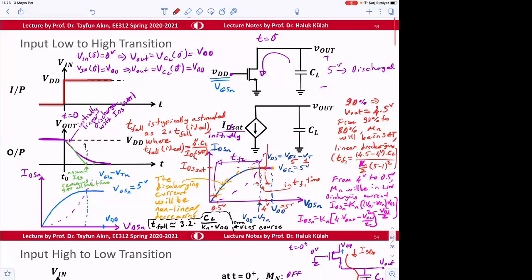So that's what we assume. That's the current is constant.